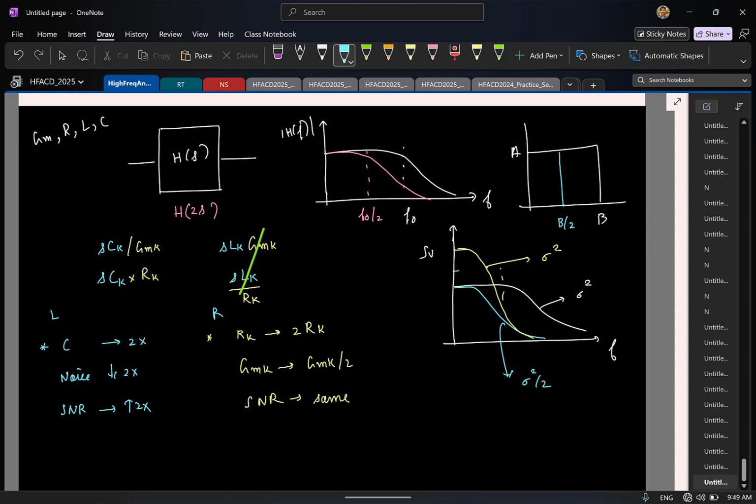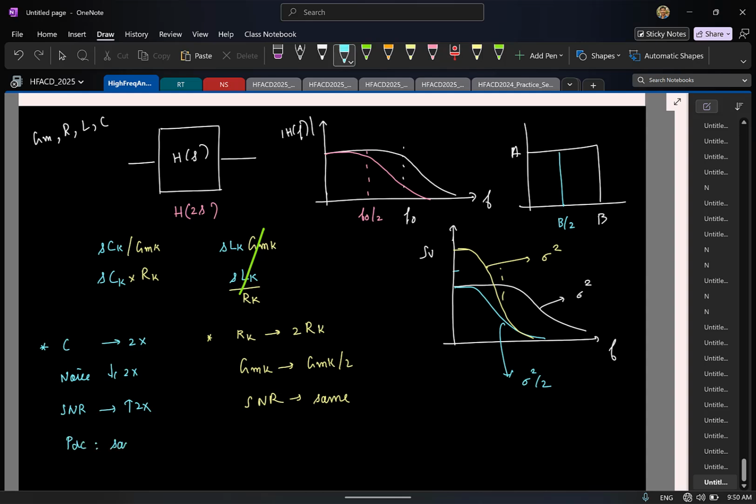Why? But are we getting this for free or is something else happening? Why is power increased? In the left side, I am only scaling the capacitances. So the DC power consumption, will it change or will it not change? DC power consumption is still the same. Let me write it here, PDC is the same.